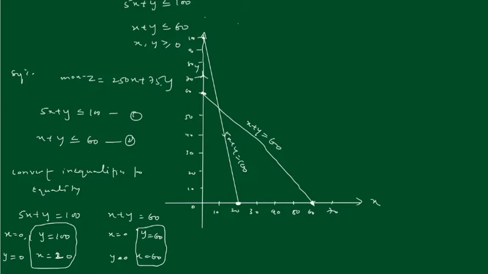It is point A, it is nothing but X is 20 comma 0.